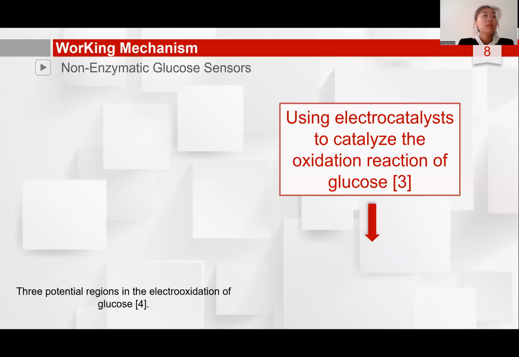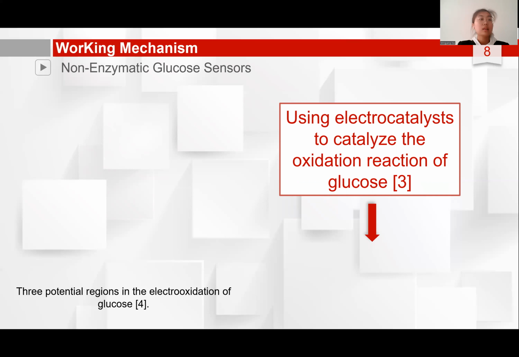And non-enzymatic glucose sensors no longer require the effect of an enzyme like GOX, but rather a variety of electrocatalysts to catalyze the oxidation reaction of glucose.